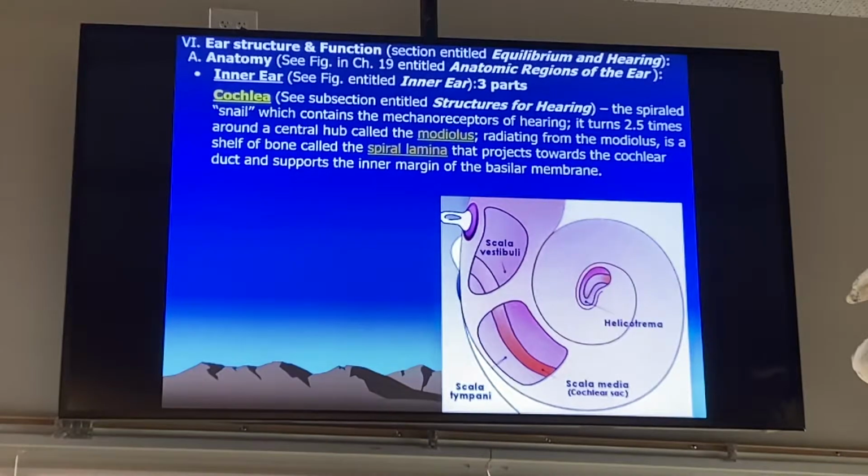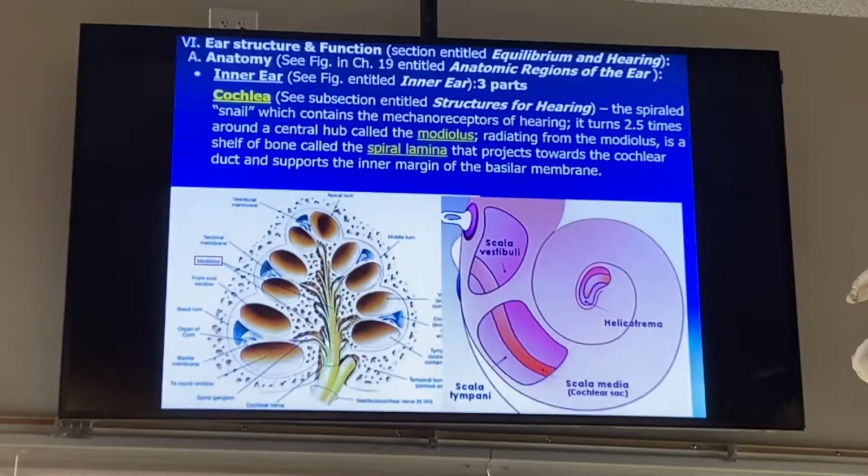The spiral lamina is part of the osseous labyrinth. And it basically organizes this cochlea. So the central hub is modiolus. So base, coils, and apex. Here's the name that a lot of textbooks use for apex, helicotrema.